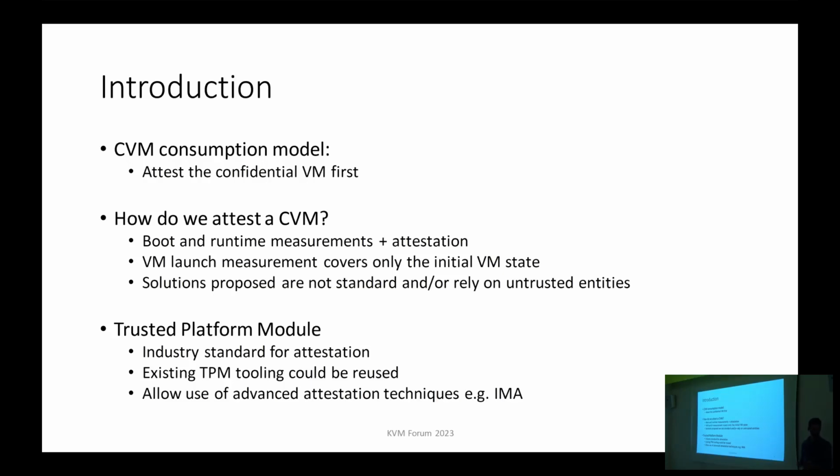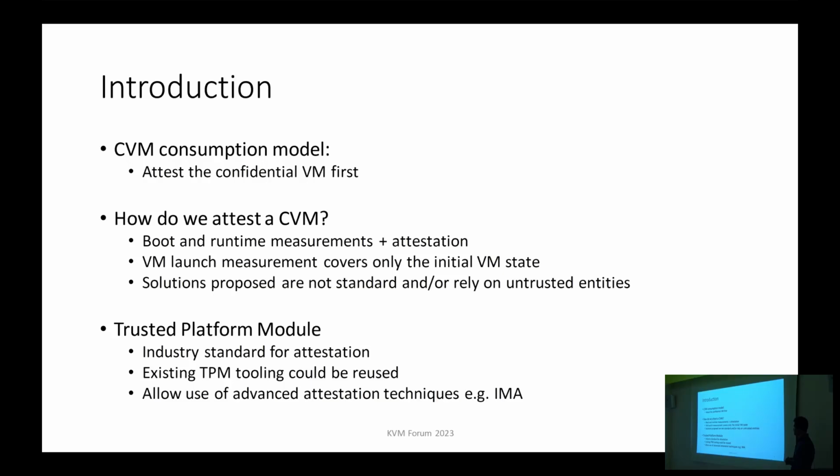When it comes to the consumption model, when we launch a confidential virtual machine, customers usually first want to attest that the confidential virtual machine is exactly what they expect it to be, that it's in the state they want it to be, and that it has not been tampered with.